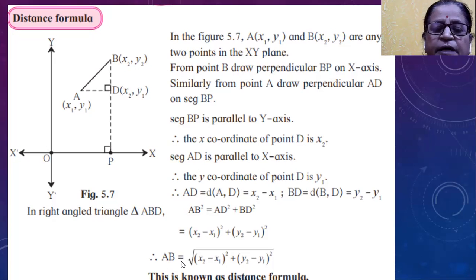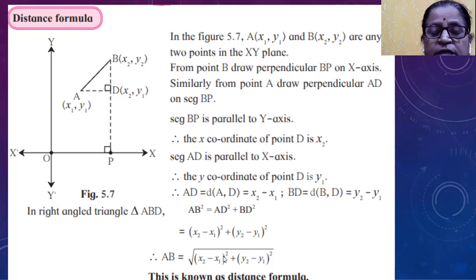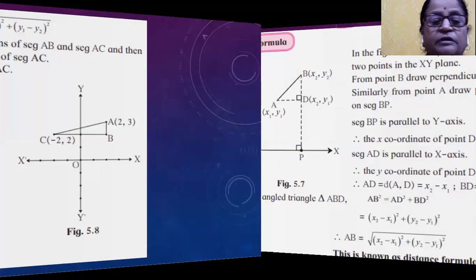So AB is equal to, removing the square, we put the square root of x2 minus x1 bracket square plus y2 minus y1 bracket square. This formula we are going to use for solving the examples, that is, the square root of x2 minus x1 bracket square plus y2 minus y1 bracket square.